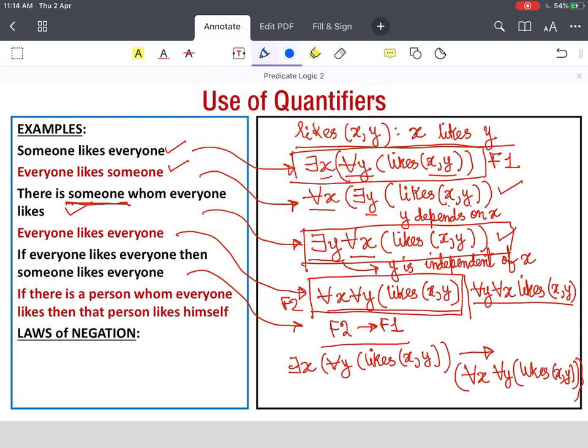Now please note the following. Please note that this x is related to this x and this x is related to this x. This y is related to this y. Therefore, this y and this y are actually different.